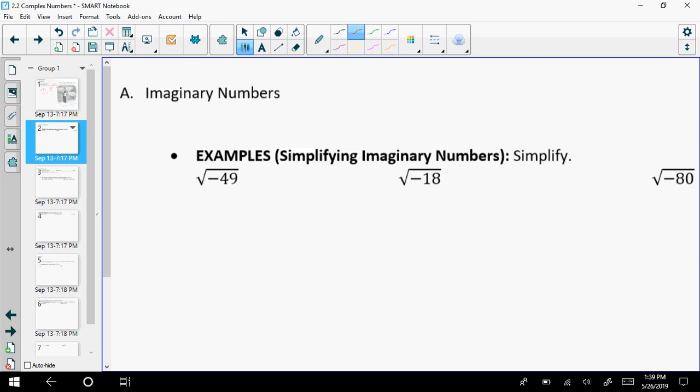So imaginary numbers, you know you're going to be dealing with these if you have a negative under the square root. So they needed a way to work with this, so they said, okay, if I have the square root of negative 1, we are going to say that is equal to i for imaginary.